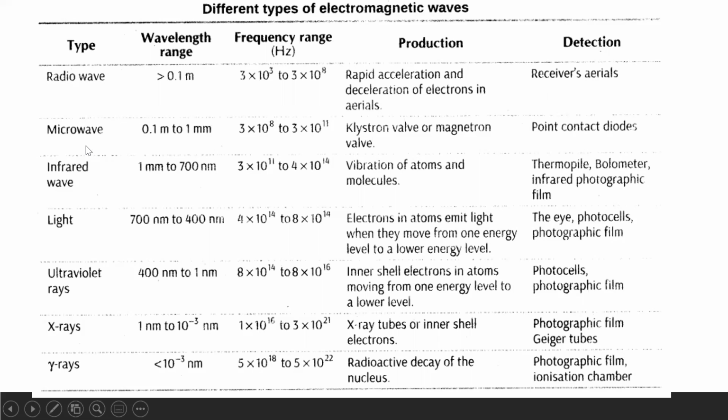Then we have microwaves. Where do we see microwaves in our daily use? Oven. Yeah, there are microwave ovens, right? So there is a magnetron valve inside each microwave oven that produces microwaves, and they can be detected using point contact diodes. It's a special kind of PN junction diode which has one single terminal.